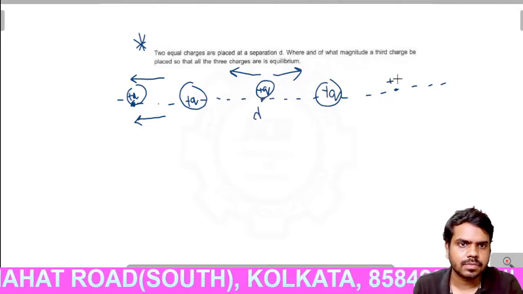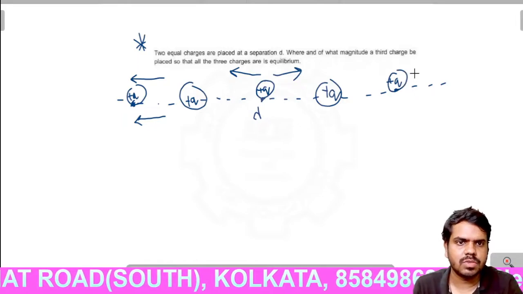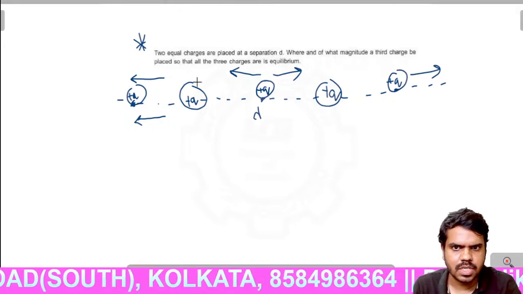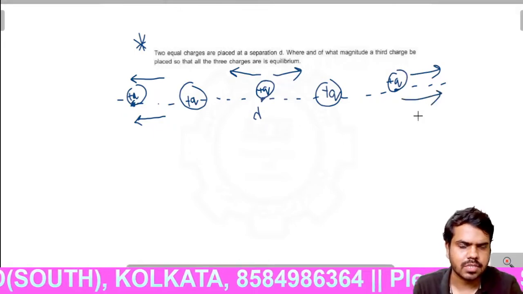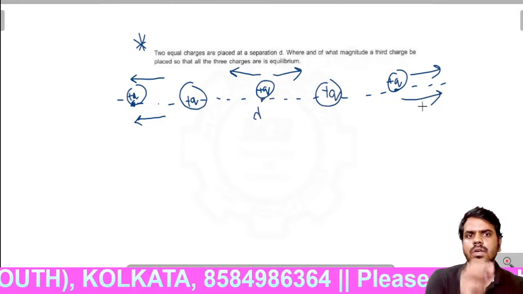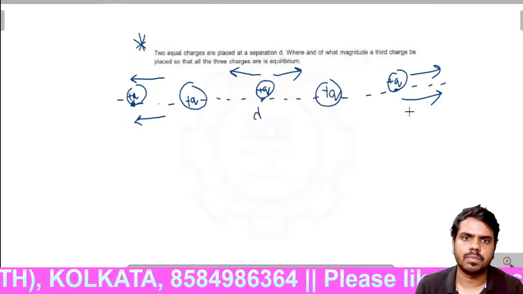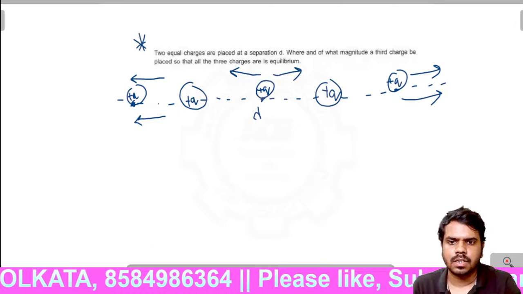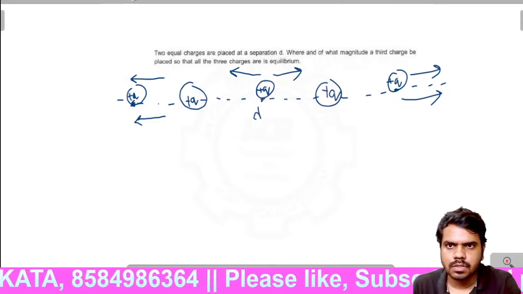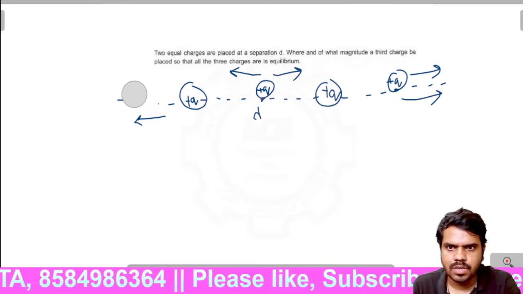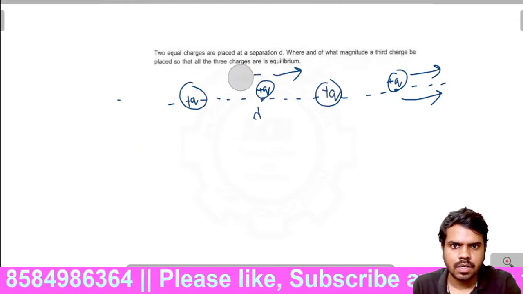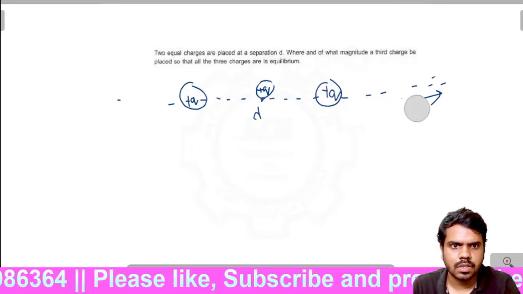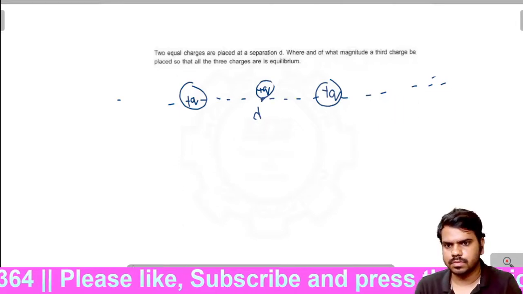But here, this plus q charge repels this charge in this direction, and this plus q charge repels this charge in this direction. So here also there is no possibility of equilibrium. So I am erasing all the other options and keeping only this option to make it clear for you.